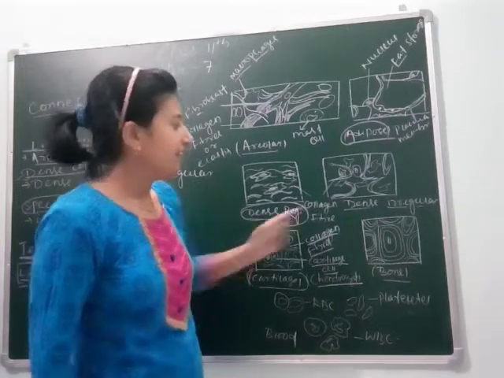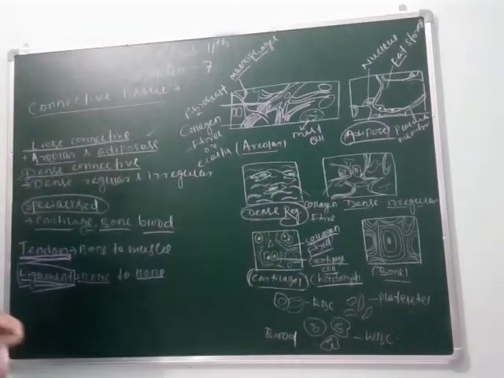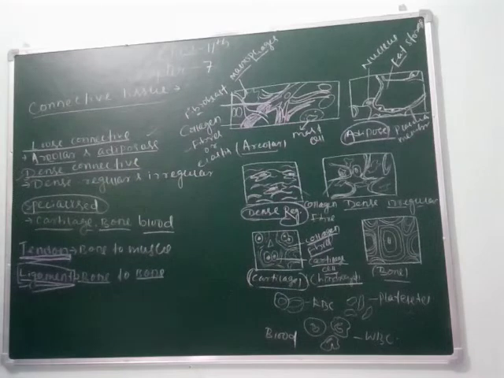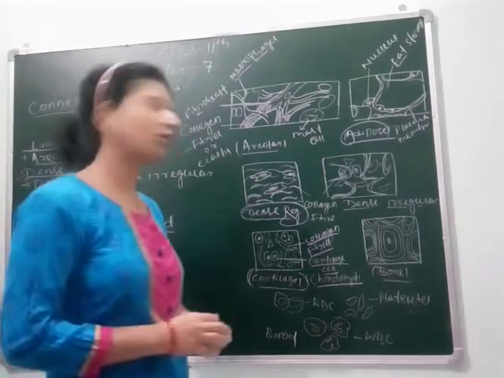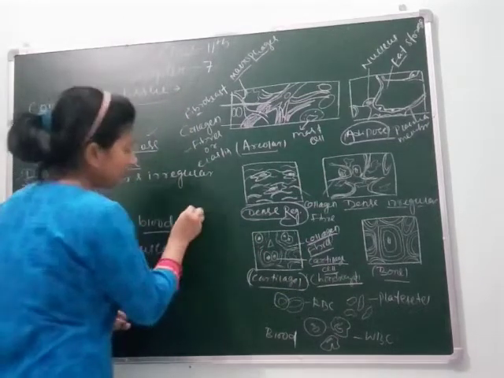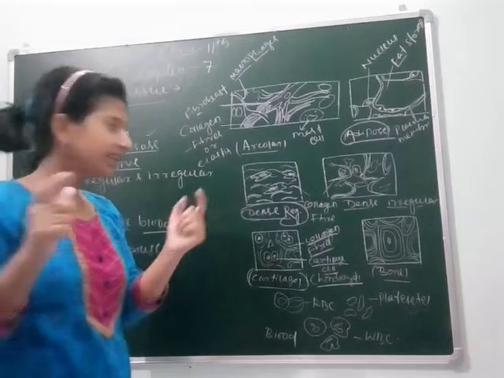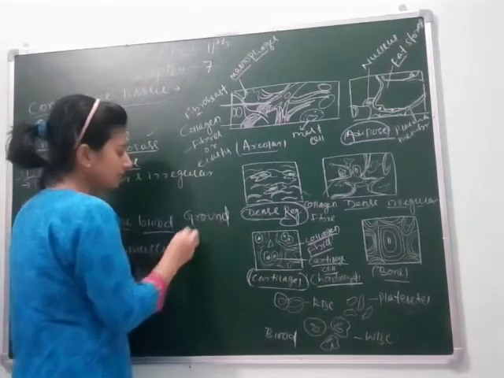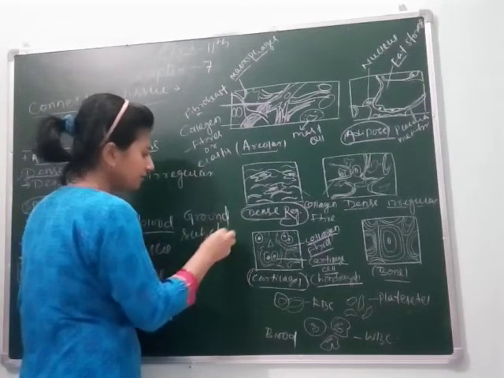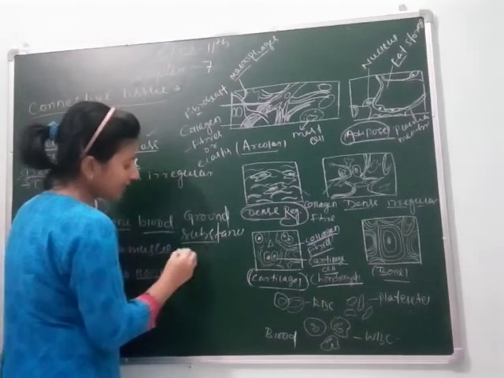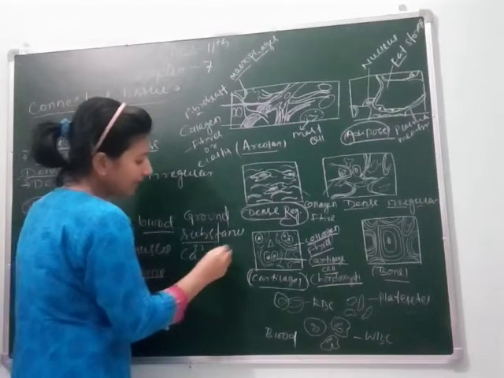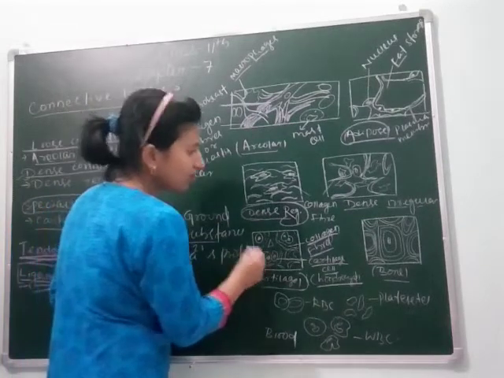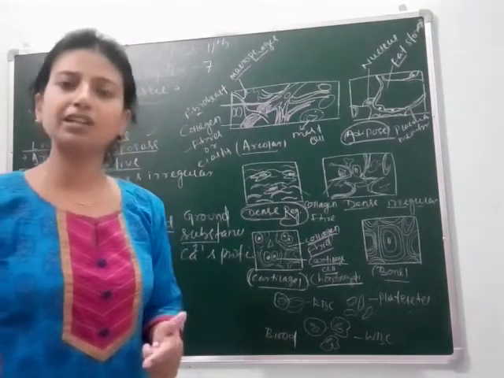Clear? Next is bone. As we know, bone is the strongest part of our body, and its ground substance is rich in protein and calcium. Ground substance means what it is made up of. The ground substance is made up of calcium and protein, due to which it is strong, and this also gives a framework to our body.